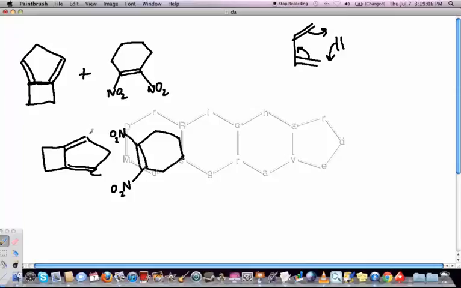And here's the ends of the diene, and here's the dienophile right here. So I'll draw in my arrows.